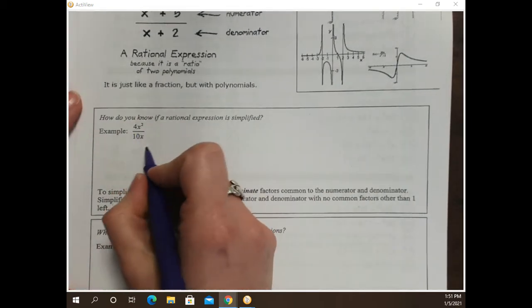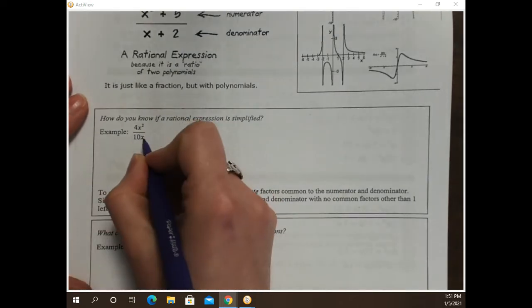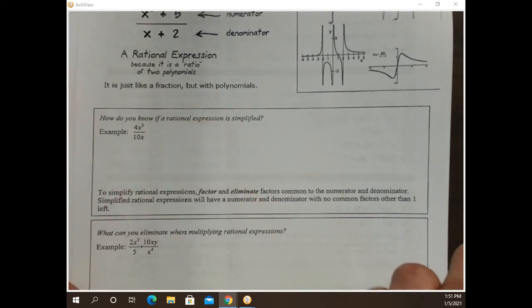So we're going to start with the simplifying example. Here we have 4x squared over 10x. One thing we're going to want to take a look at for some of our future material is, can the rational expression that I have be simplified in any way? When I go to simplify a rational expression, we simplify the same way we would simplify a fraction.